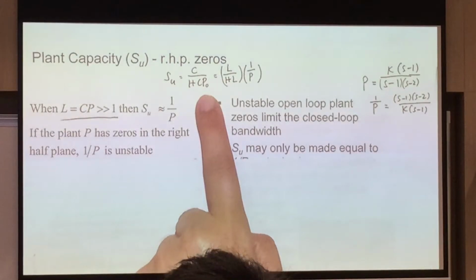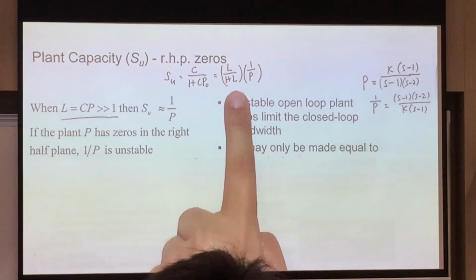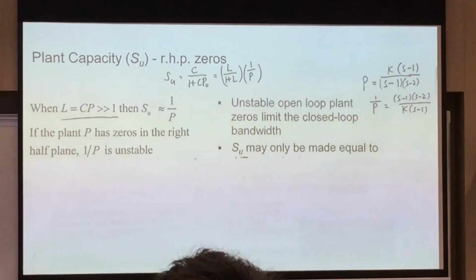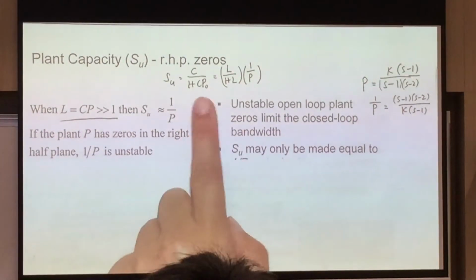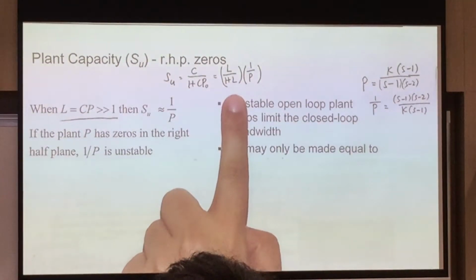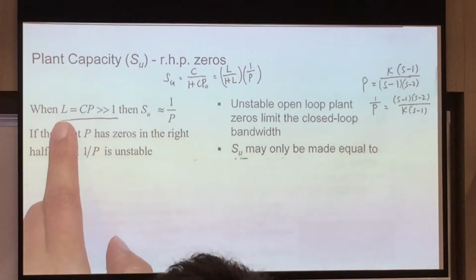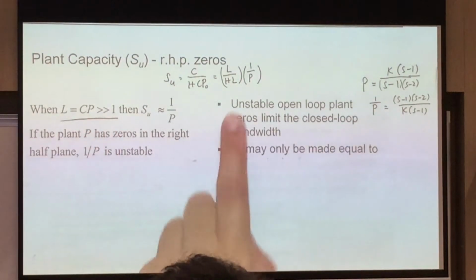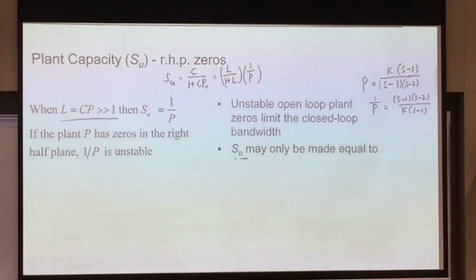Now, this is L over 1 plus L times 1 over P. You know that when L is much bigger than 1, L over 1 plus L is effectively 1, and Su is approximately 1 over P.